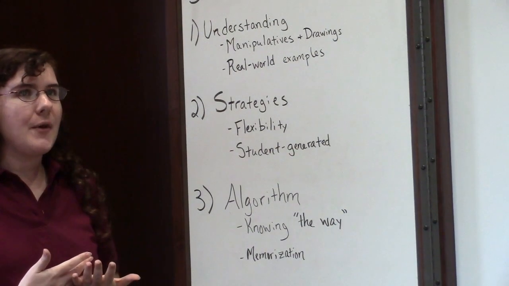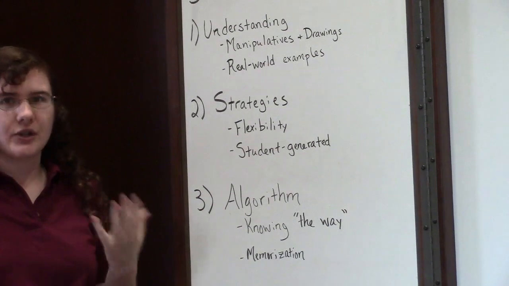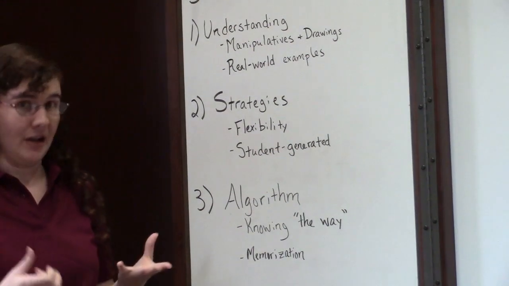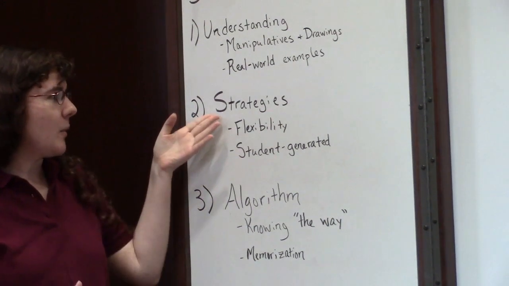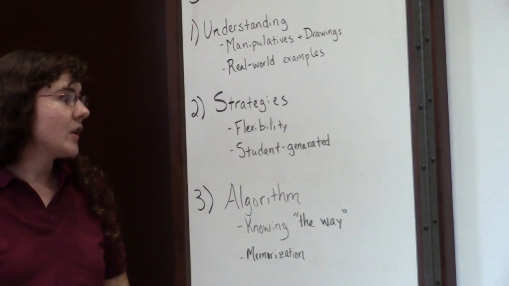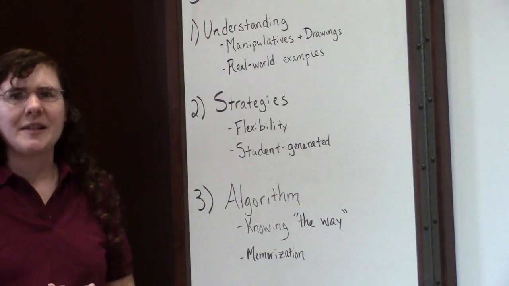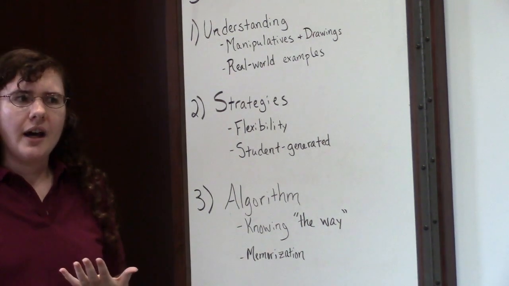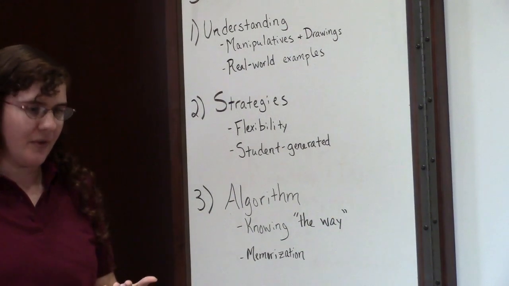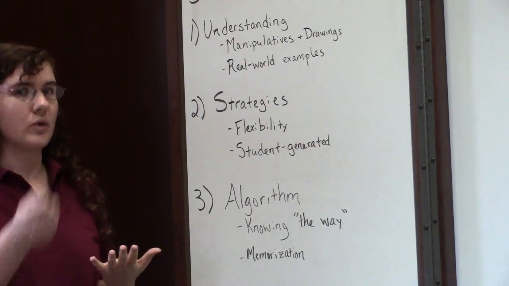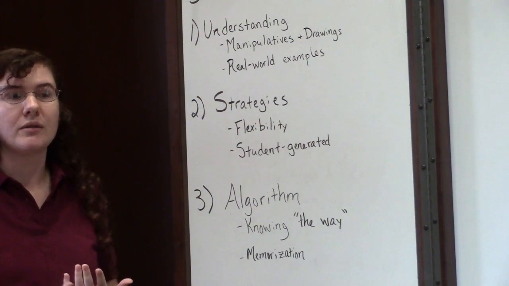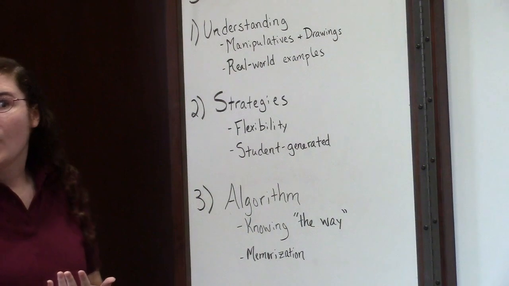Once they have, for multiplication, drawn their circles and their tally marks so often that they are sick and tired of it, they might come up with a strategy to make this faster. So strategies involve flexibility. The students don't have to, every single time that they're multiplying, draw circles and put tally marks in it. They could learn to, say, count by 5s.